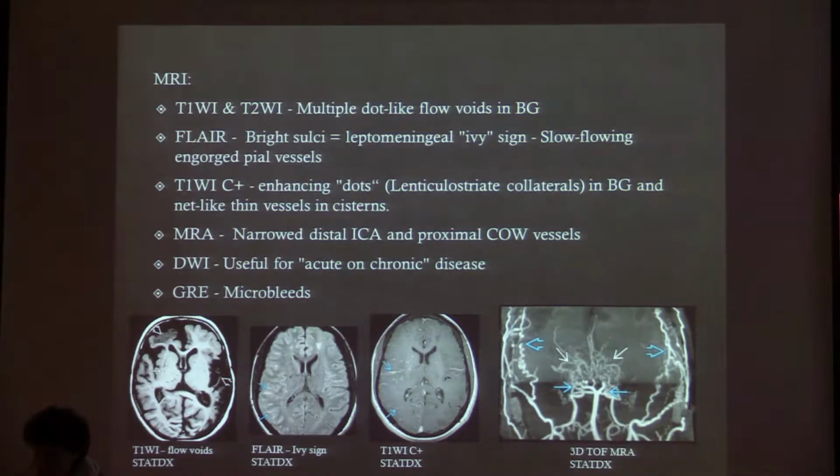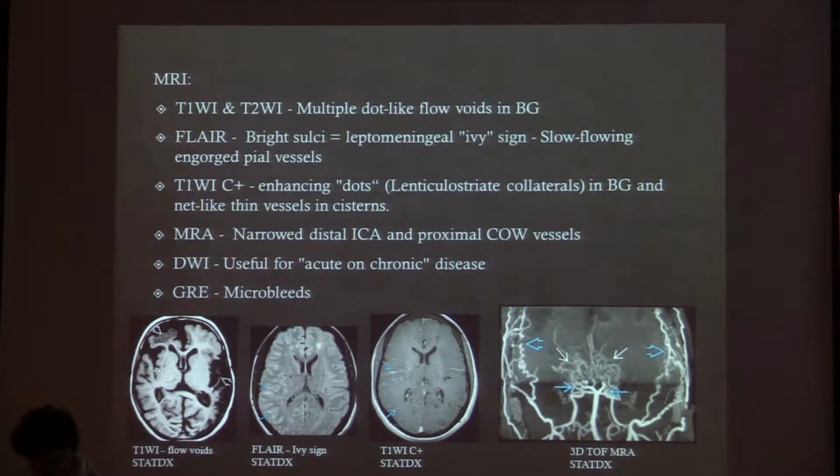On MRI, we could see on the T1 and T2 weighted images multiple dot-like flow voids in the area of the basal ganglia and around the ventricles. On FLAIR, we can see the leptomeningeal ivy sign, which is bright sulci. It's slow flowing pial vessels. On T1 weighted images after gadolinium injection, we could see enhancement of those collateral vessels in the area of the basal ganglia and in the cisterns.